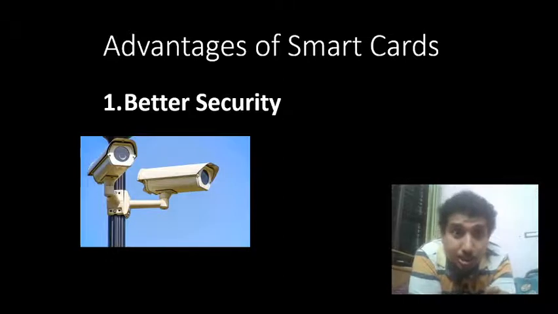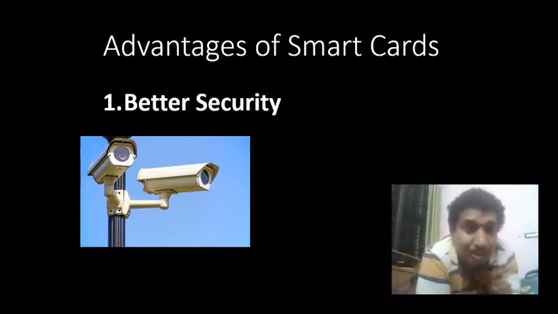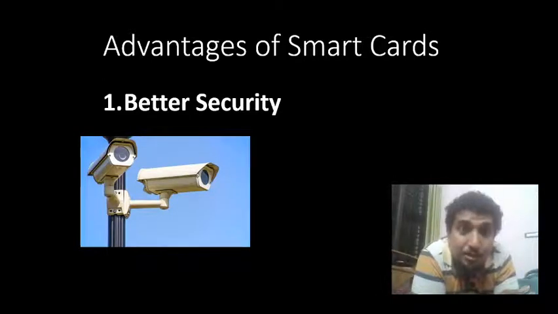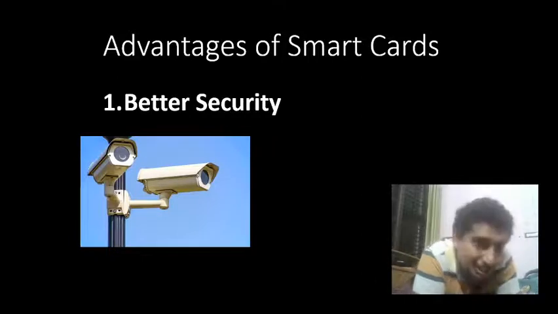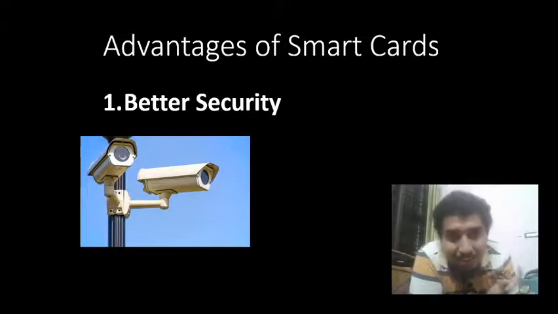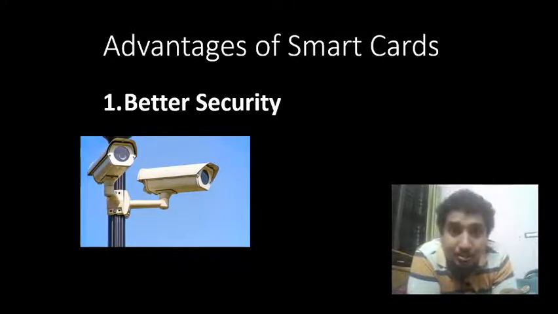Usually the old swiping cards, magnetic stripe based cards, where you would swipe the card and take it out, had their data read using such skimming devices. Once the data is read and everything in your card is known, then all your money would be at the fraudster's mercy. He can steal your money, he can use your money as if it belongs to him. So to prevent this, these cards have been introduced.